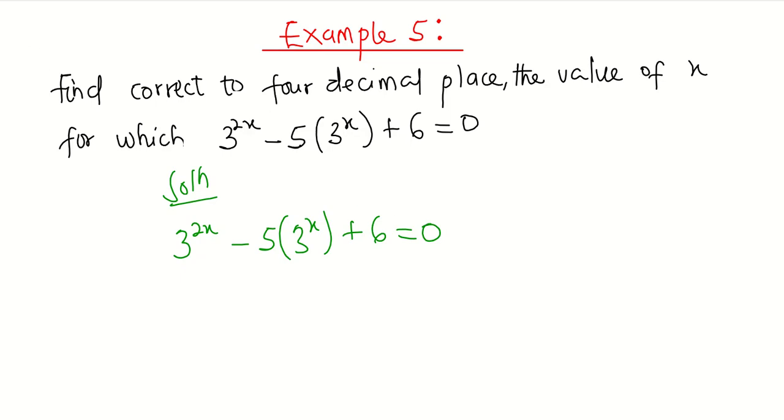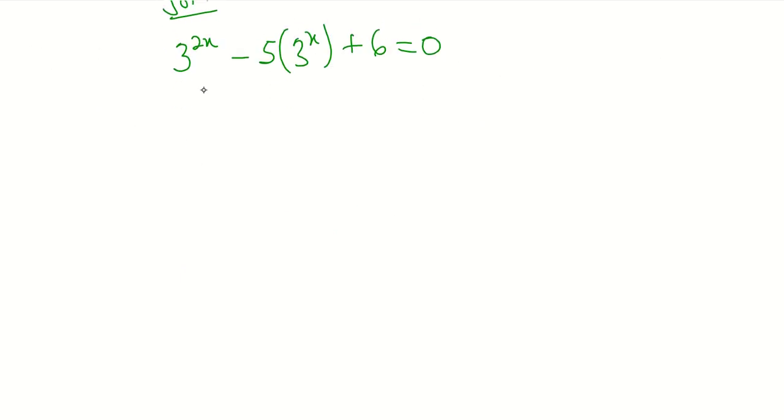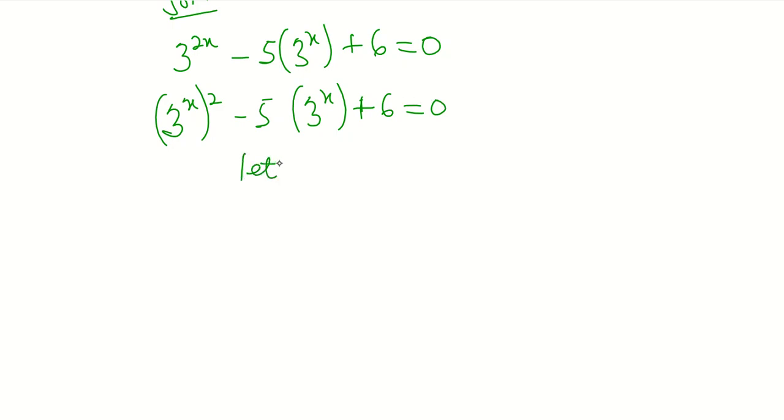So with this, we want to write a common base and a common exponent, which means 3 exponent x all exponent 2 minus 5 multiplied by 3 exponent x plus 6, which is equal to 0. So with this, we can say let y be equal to 3 exponent x, which means we are going to have y squared minus 5y plus 6, which is equal to 0.